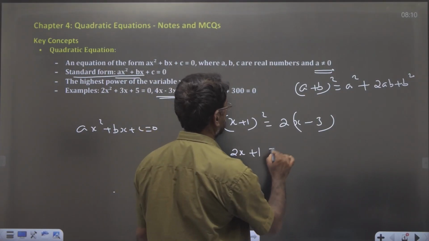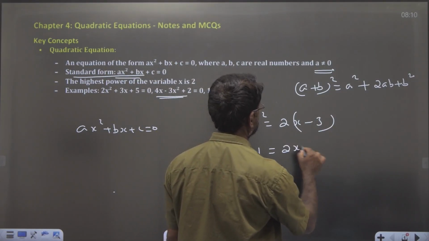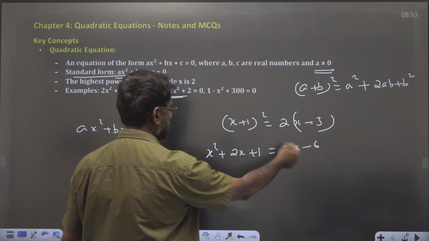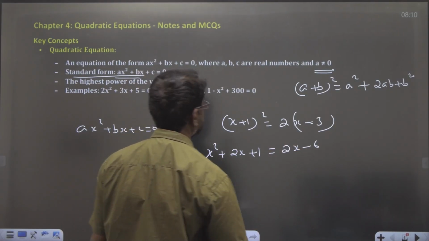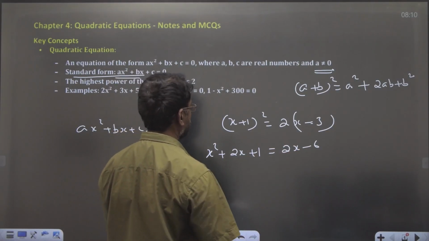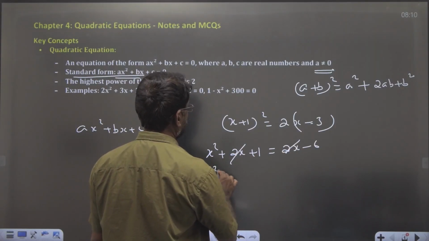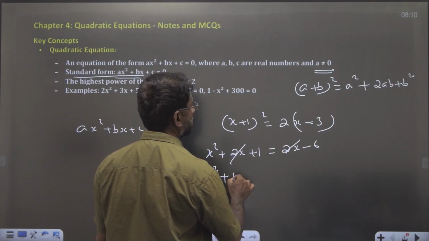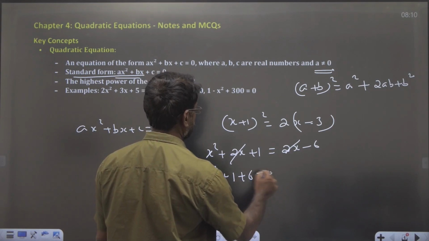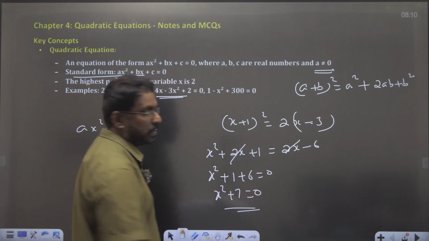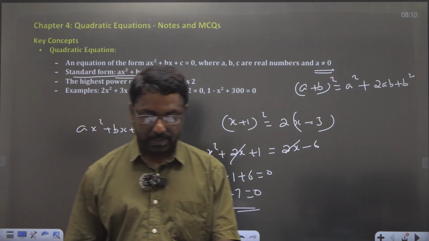That is equal to 2 into x, 2x, 2 into minus 3, minus 6. Take this into left hand side, or we can cancel directly. That is x square plus 1 plus 6 equal to 0, x square plus 7 equal to 0. Yes, it is a second degree equation.